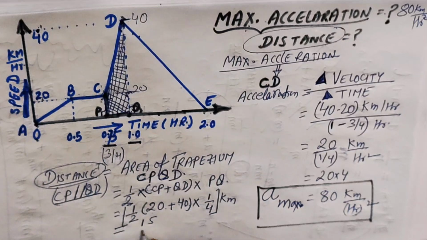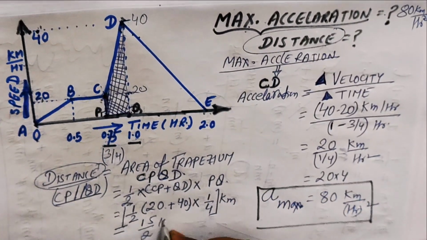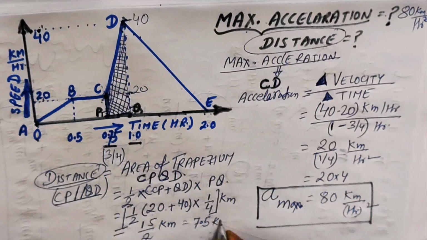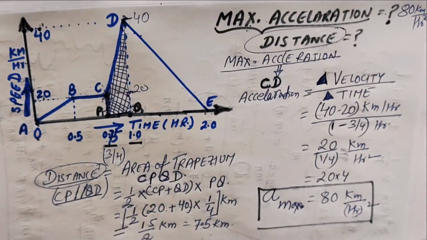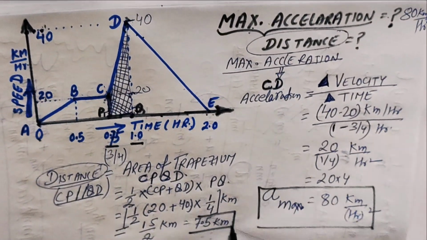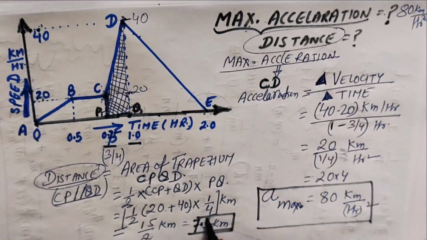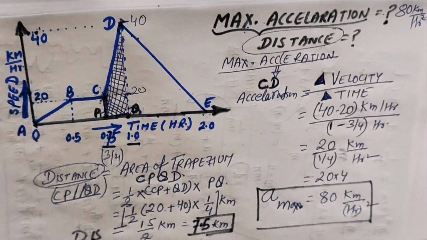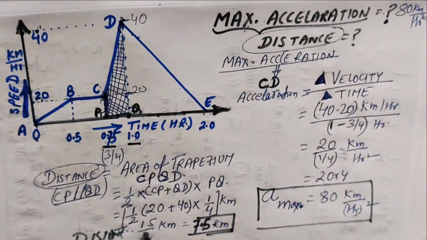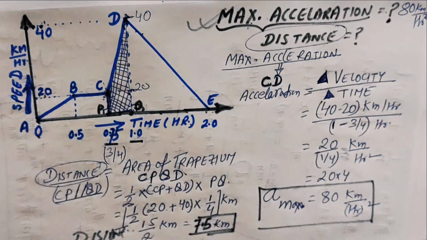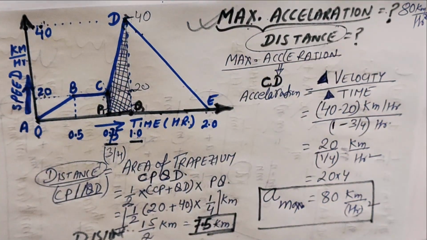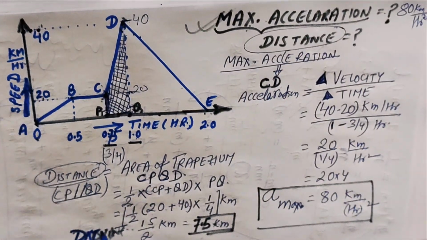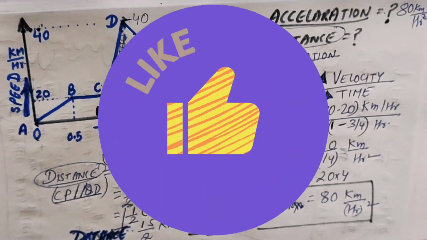So 15 by 2 kilometer or 7.5 kilometer is the distance which is covered by the train during this moment when the maximum acceleration is achieved, right? So this is the distance which is calculated.